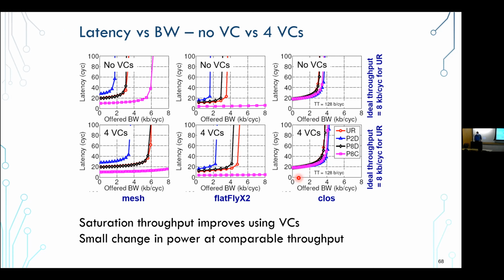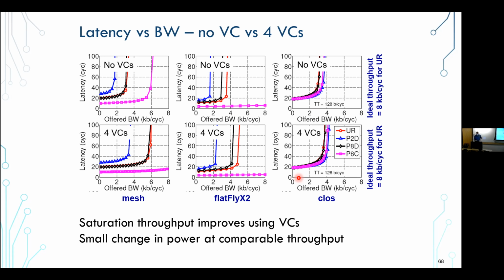And then you can do similar kinds of studies. Remember, we talked about virtual channels and their impact, right? So for the same amount of total memory on the root router, I can decide to do either one big channel or 2 or 4 channels that are shallower.